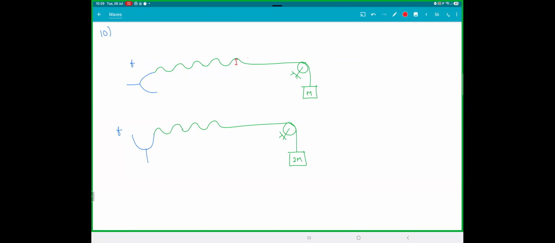This thing has an amplitude A. This thing has an amplitude 2a. It has density rho and the radius is r. R is the radius of the wire. And this thing has density rho, but the radius is 2r. F is the frequency of the tuning fork. Both have the same frequency.